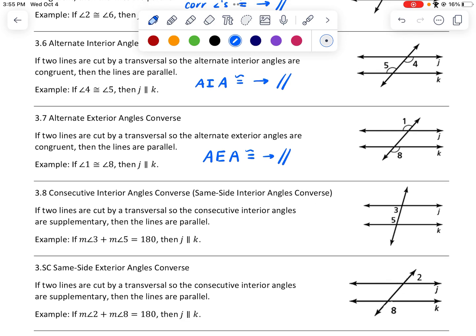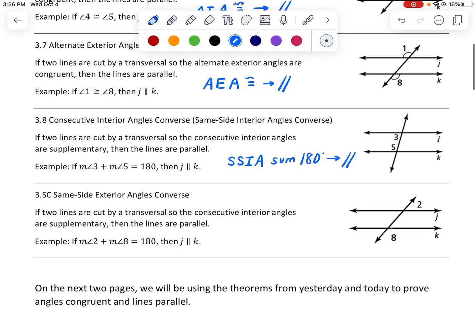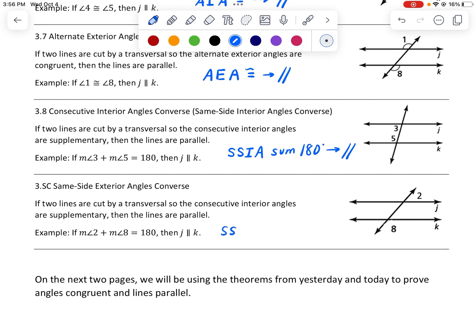So same side interior angles sum to 180, then we have parallel lines. And the last one, same side exterior angles sum to 180, then we have parallel lines.